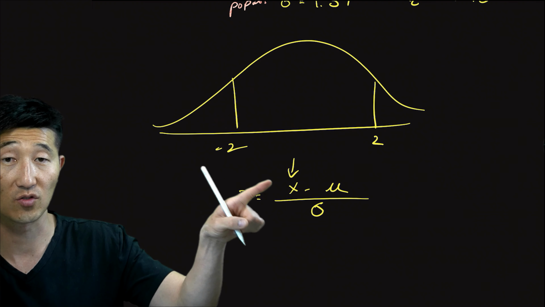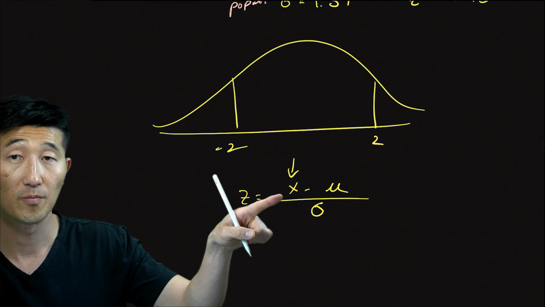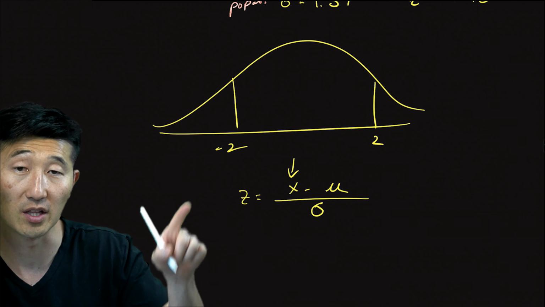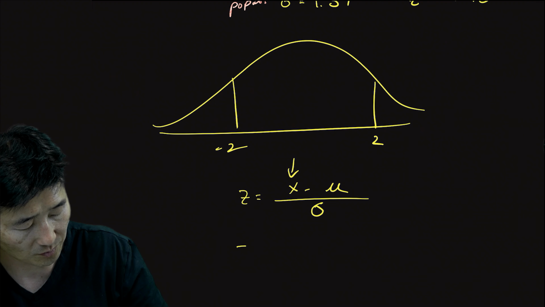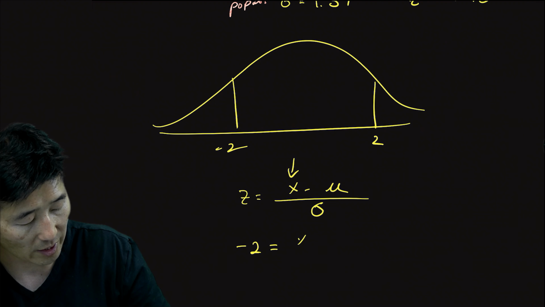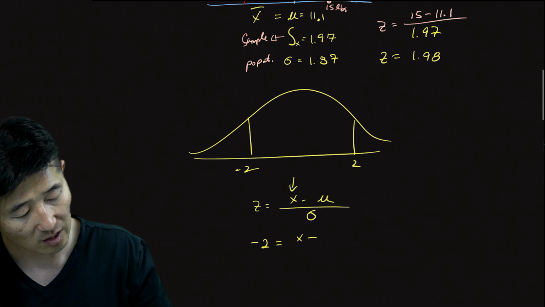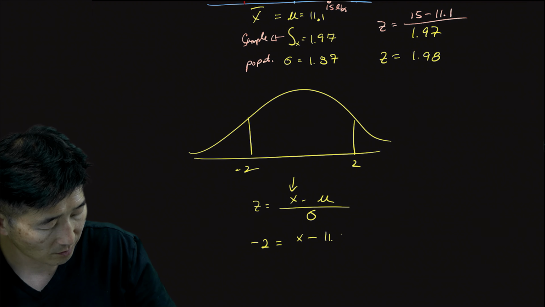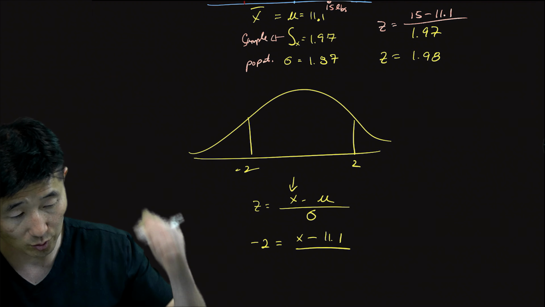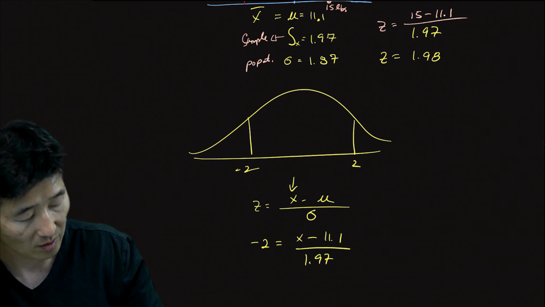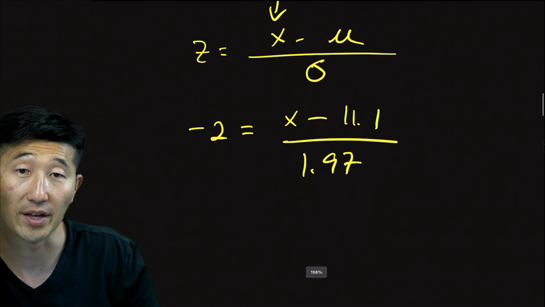We're looking for this right over here. So z, for the left side, will be -2 equals x minus the mean, 11.1, divided by 1.97. That's for -2.